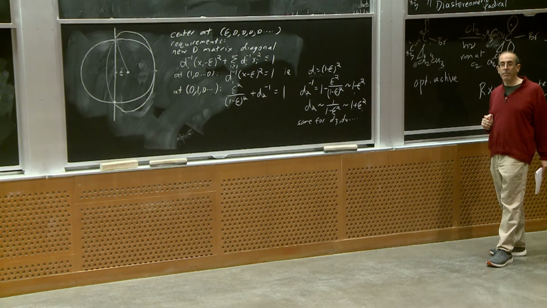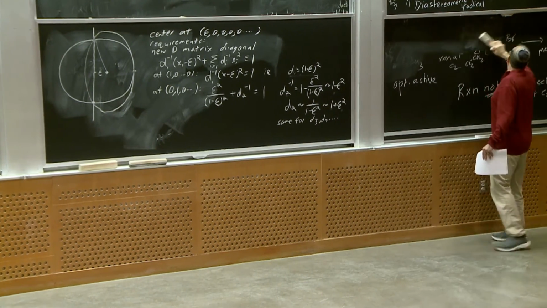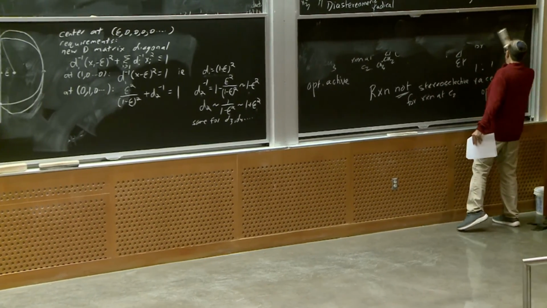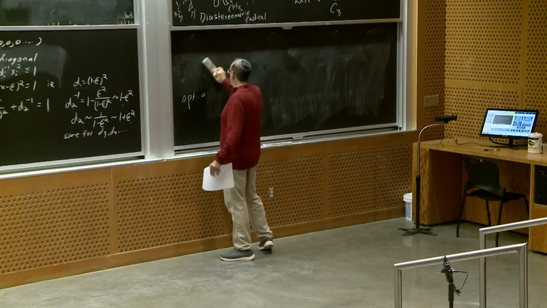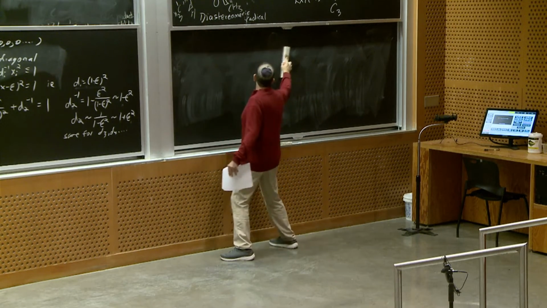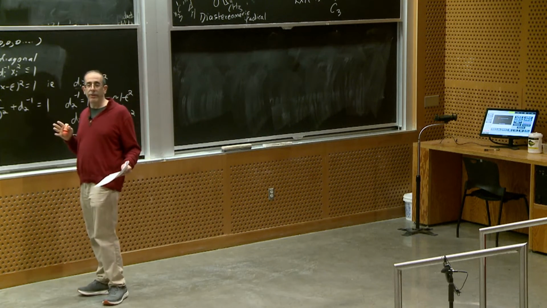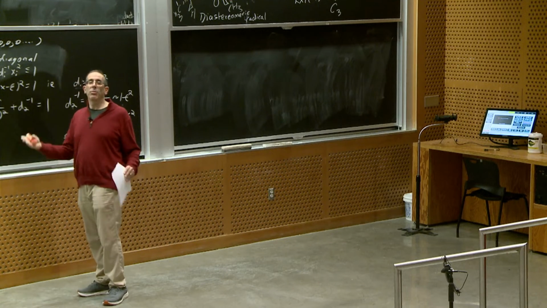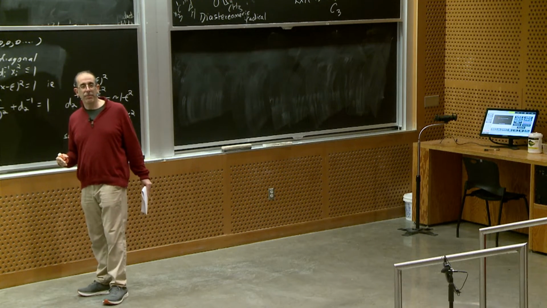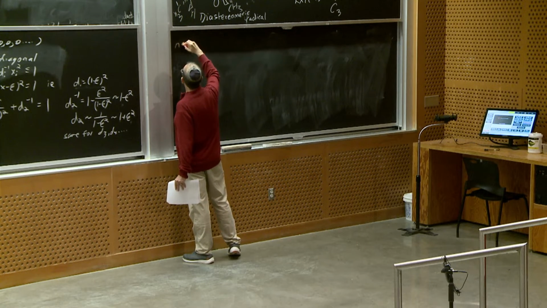Everybody agrees with that? Now, the critical question is, what is the volume of this new ellipsoid? Well, we're doing a series of stretches and squashes, and they each cause a volume change that multiplies the previous volume changes.